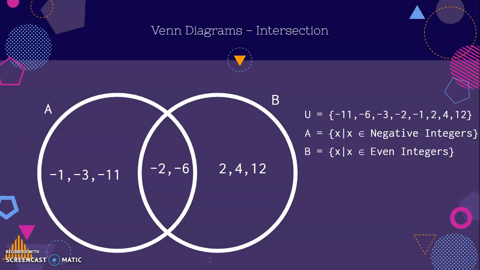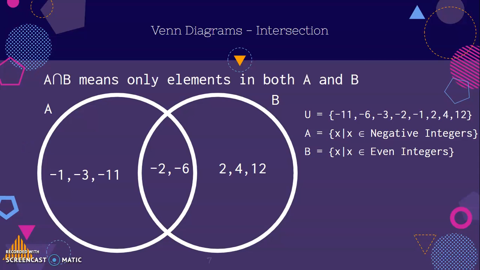Okay, lastly is intersection. And luckily, if you have a Venn diagram, the word intersection really is a visual. That means only elements in both A and B. So here, if you look at the visual, where are these two circles intersecting?